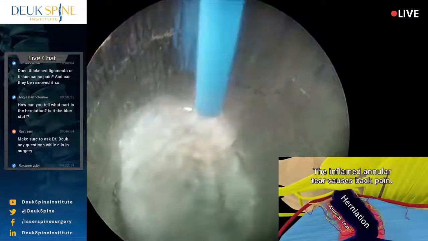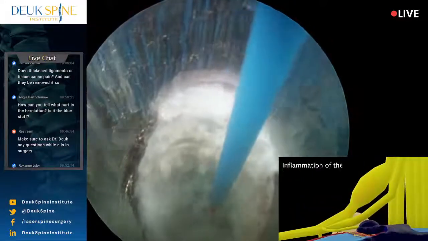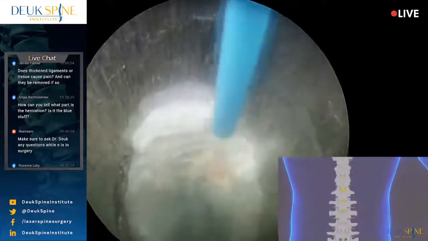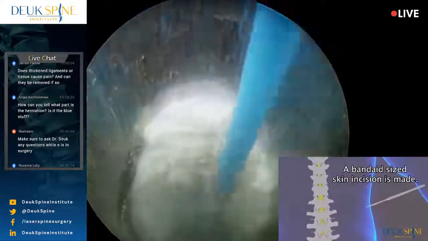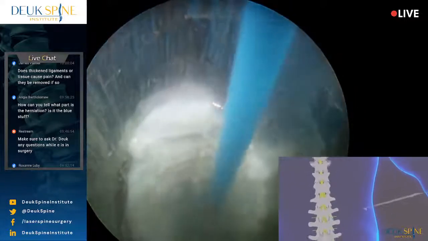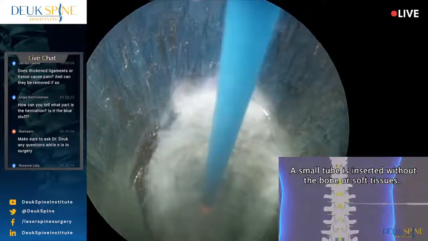The inflamed annular tear causes back pain. Inflammation of the nerve roots causes leg pain. A Band-Aid-sized skin incision is made. A small tube is inserted without damaging the bone or soft tissues.